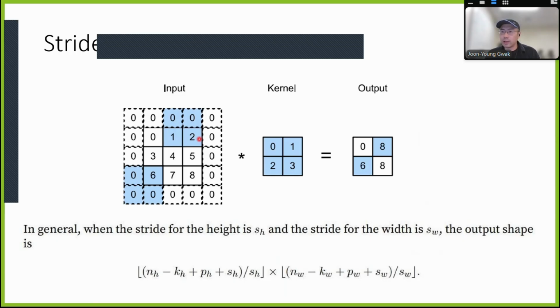But striding is an alternative for downsampling along with pooling, while also considering the spatial structure, but in a sparser way. And the formula for computing the output of the stride is given below.